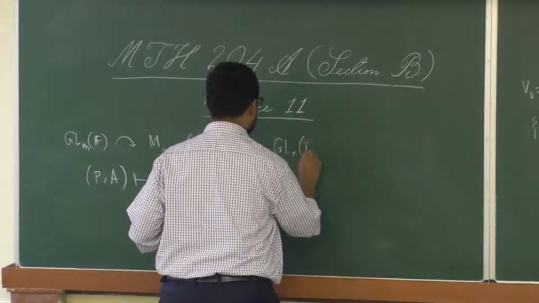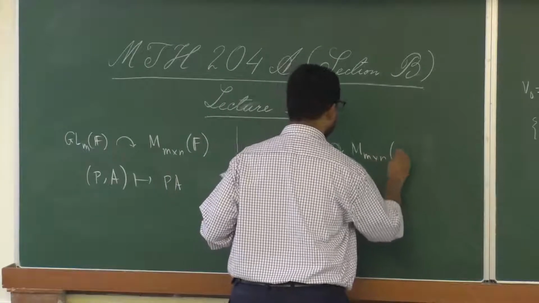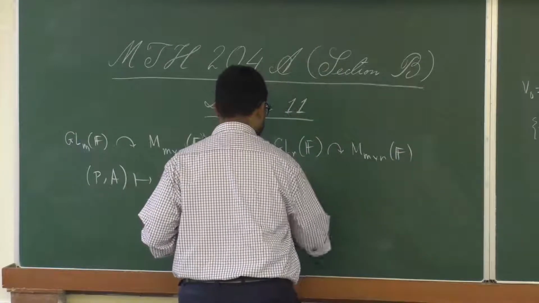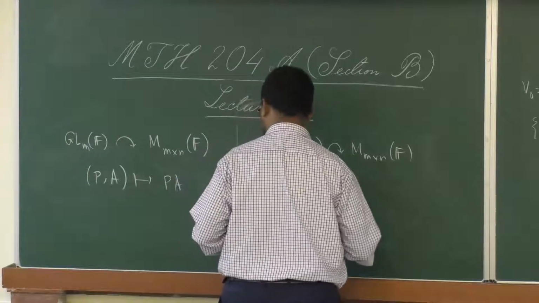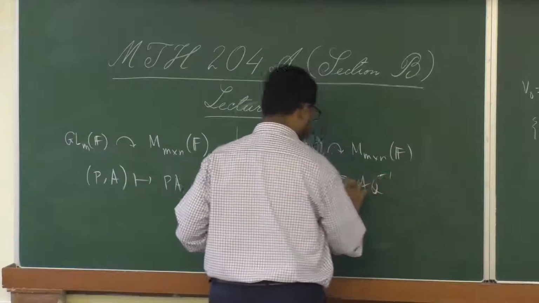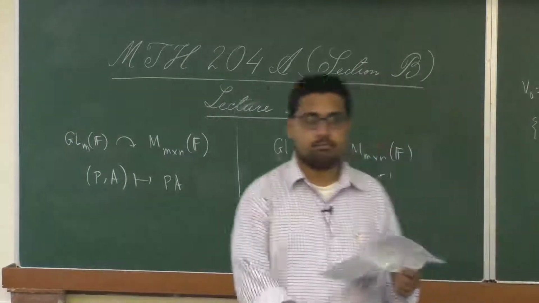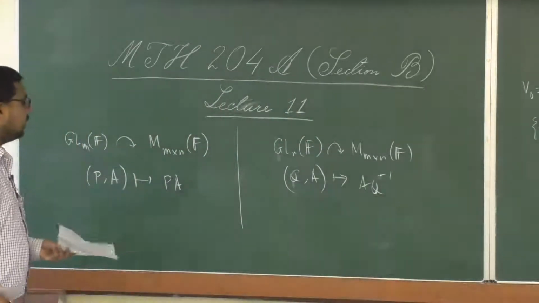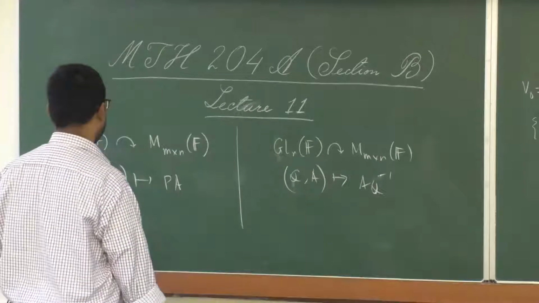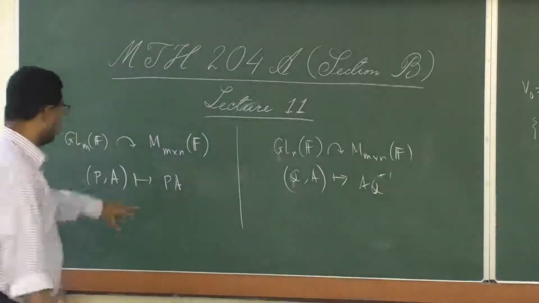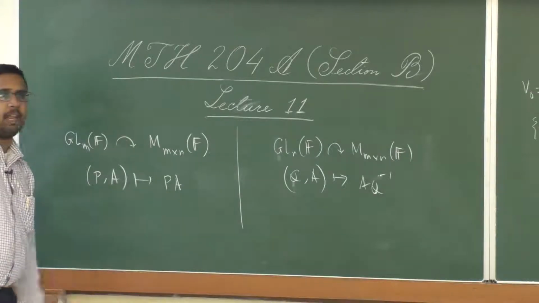the action of GL_n(F) on M_{n×n}(F). How? Basically, (Q, A) maps to AQ^{-1}. Here also, given A, its orbit consists of all matrices which are column equivalent to A. For any A, what's the stabilizer?